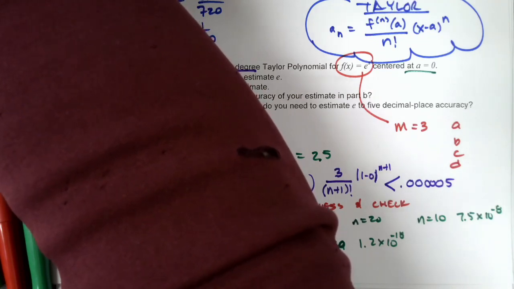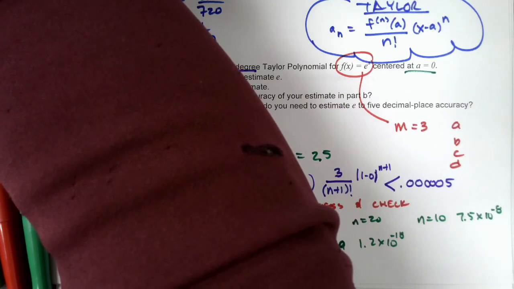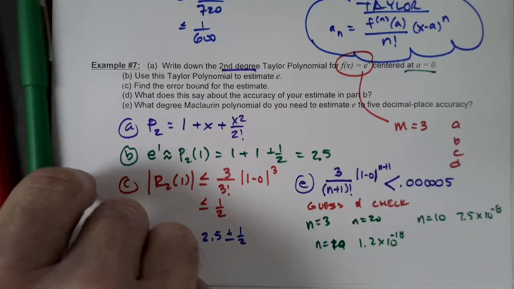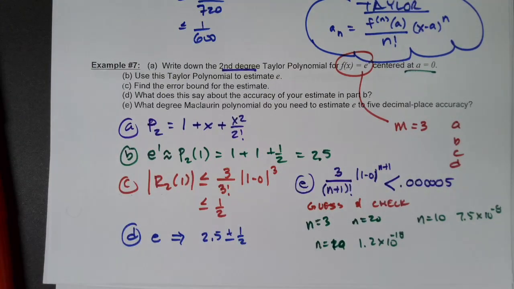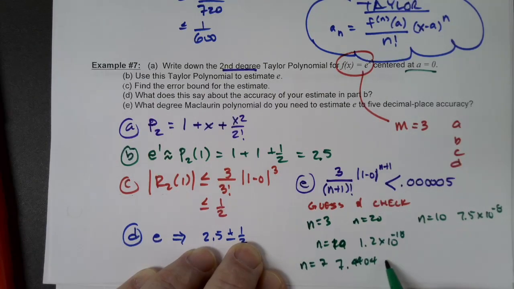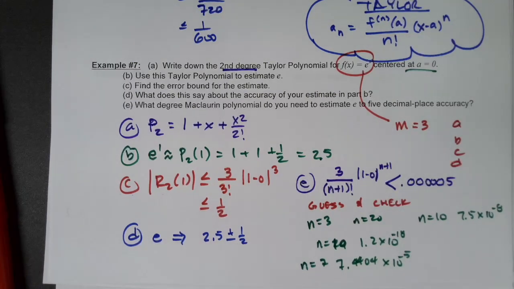Check my math. Oh, does that do it? What do you mean no? Oh man. So n equals 7 gives us 7.4404 times 10 to the negative 5th.